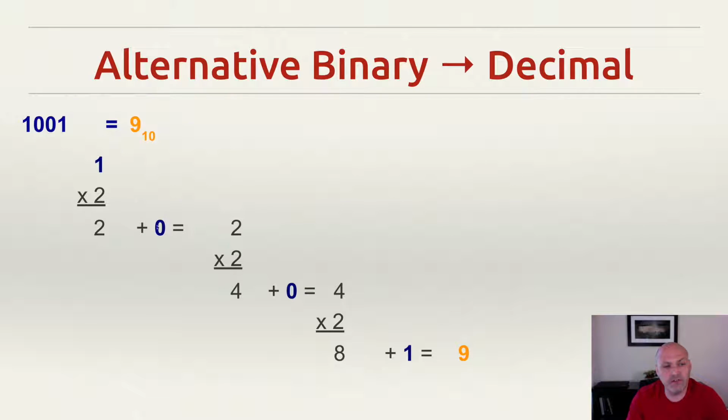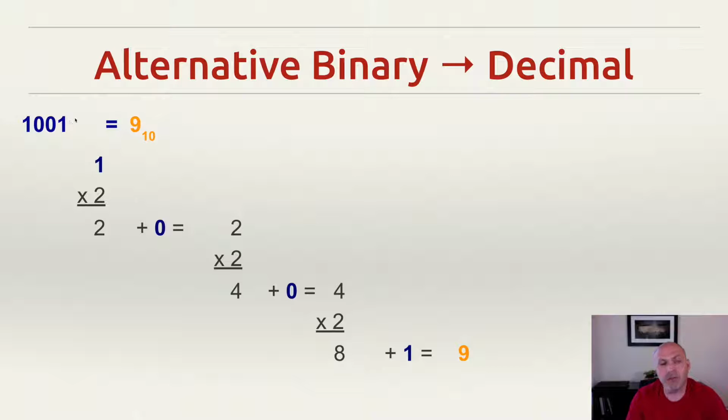Note that I colored these in blue to match. So 2 plus 0 is 2. I multiply by the base again and get 4. I bring down the next digit, which is another 0, and add that to the 4. I multiply by the base again to get 8, and then I bring in the last digit, which is 1. 8 plus 1 equals 9. Now this works. We can see that 1001 equals 9.